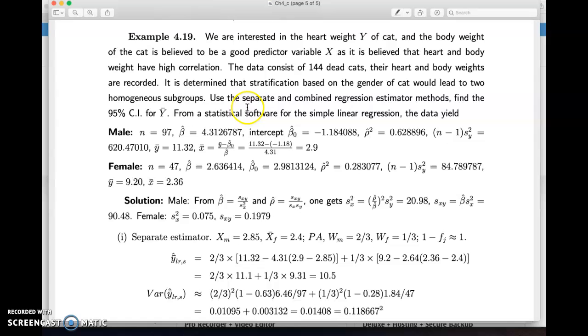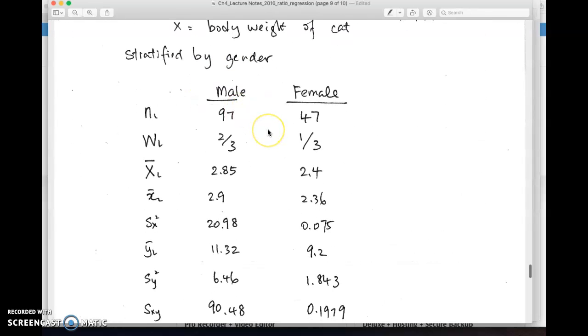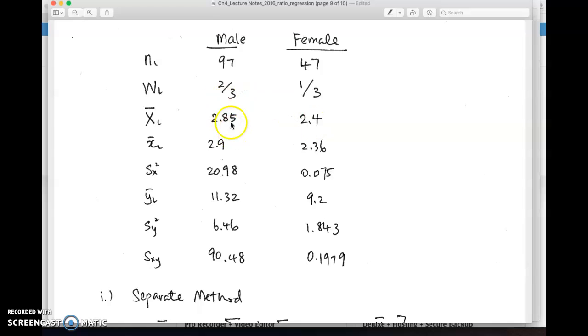And we decided to use the separate and the combined regression estimator to find the 95% confidence interval for the true value of the population Y bar. So let's look at the data that we're given. For the male group, there are about 97 cats, and 47 females were given. The weightings are about 2/3 and 1/3.